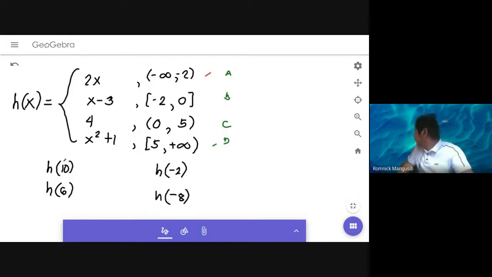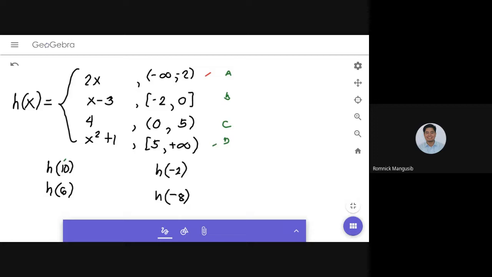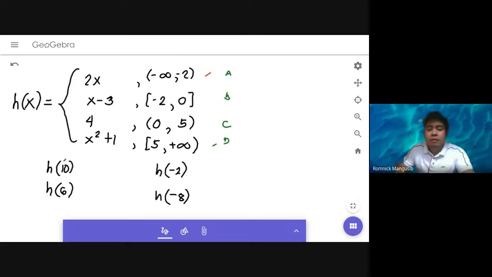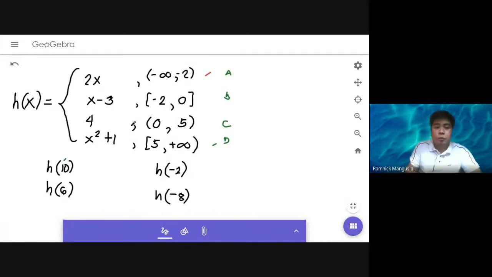So I heard someone commenting the answer. So the answer is we are going to use this function x squared plus 1. So substitute from x squared plus 1, let x be equal to 10. So we have 10 squared plus 1, and 10 squared is 100. 100 plus 1 will give us 101.